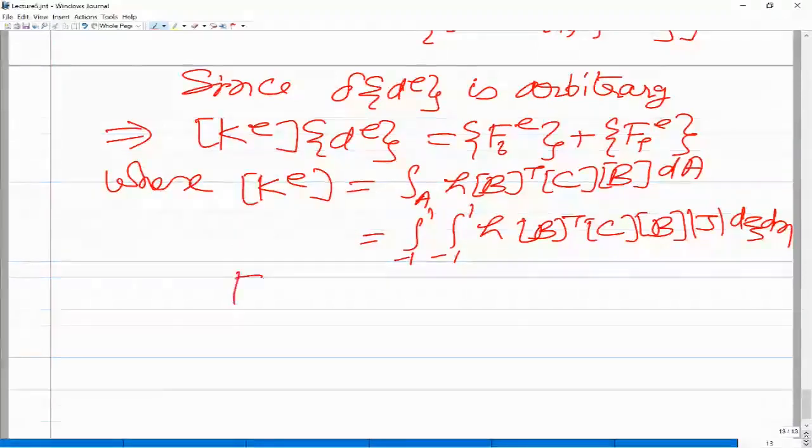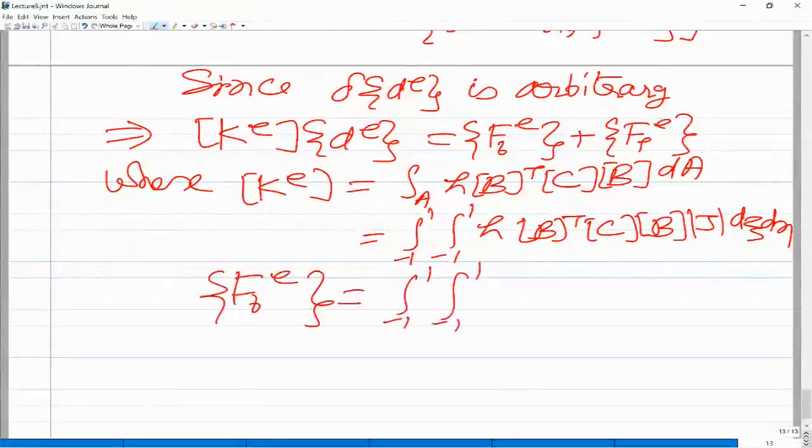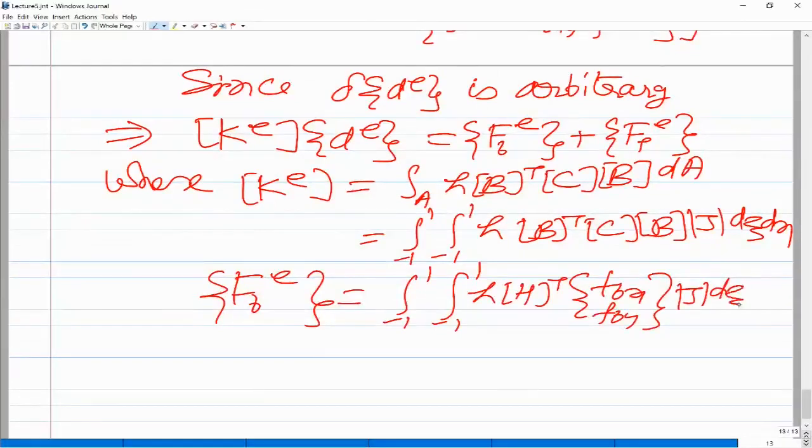Similarly, the load vector FBE for the element would be integration from -1 to +1, integration from -1 to +1, H into H transpose into FBX into FBY, determinant of J into d xi into d eta.